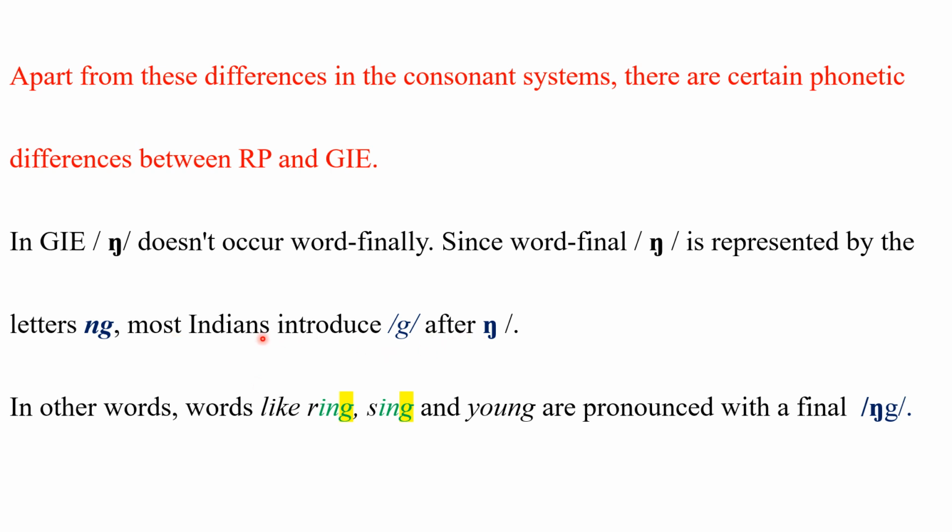Then SING, NG, YOUNG, NG. So this NG is represented by this nasal sound. Here in GIE, Indians introduce a G after the sound. They pronounce these words as ring-g, sing-g, young-g. So last they pronounce the g sound.